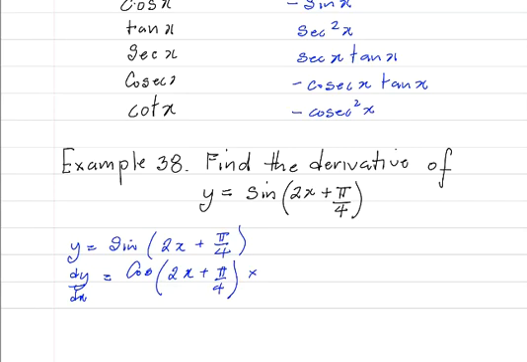When we differentiate 2x plus pi by 4, we're just going to get 2. Differentiate 2x, you get 2. Differentiate pi by 4, you get 0. So dy by dx, which is the first derivative, is equal to 2 cosine 2x plus pi by 4.